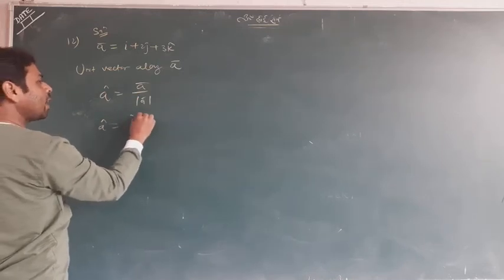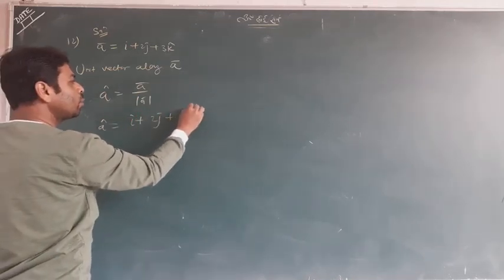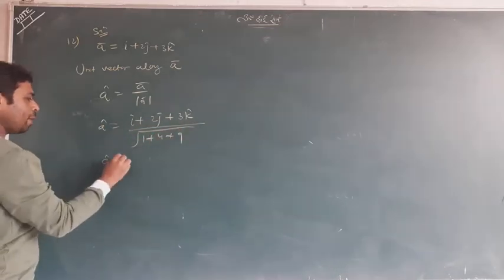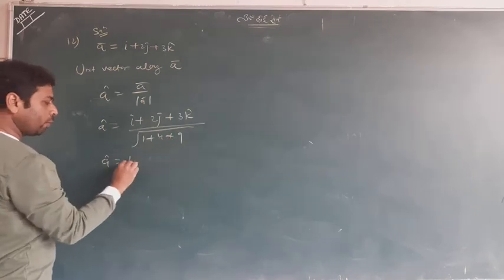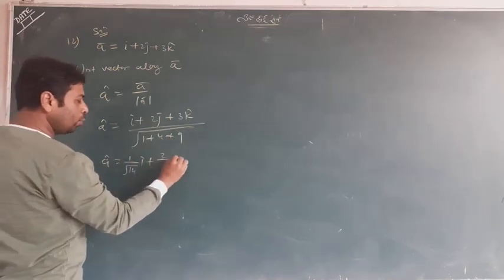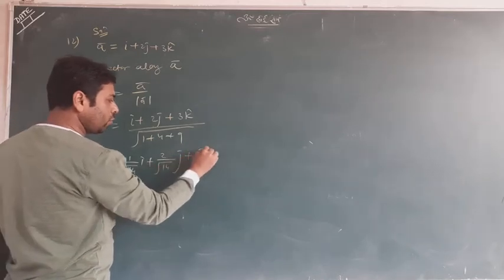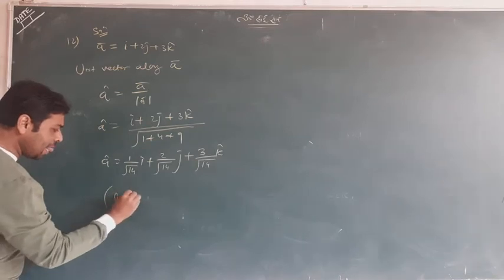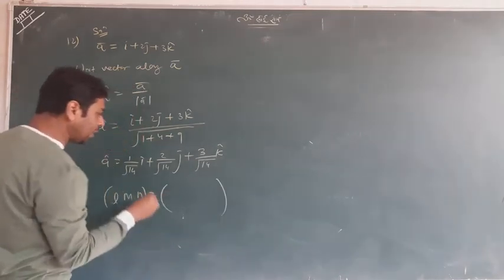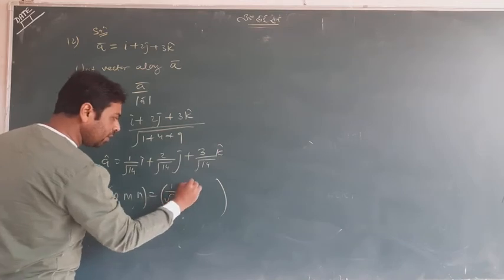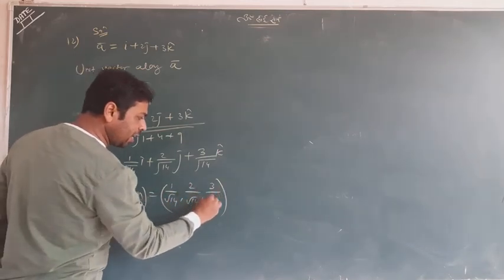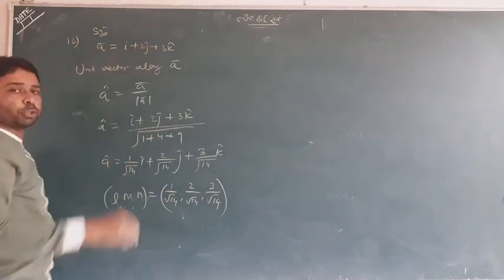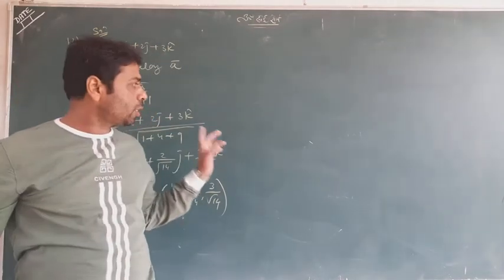So vector A is i, 2j, 3k, and mod A is root of 1, 4 and 9, which is root 14. So A cap equals 1 by root 14 i, 2 by root 14 j, and 3 by root 14 k. So l, m and n, the direction cosines, are none other than the coefficients of i, j and k, and 1, 2, 3 are the ratios of A. Keep remembering, this is very simple but important.